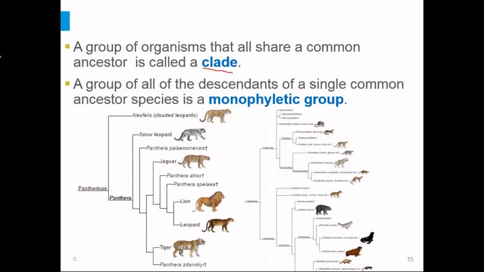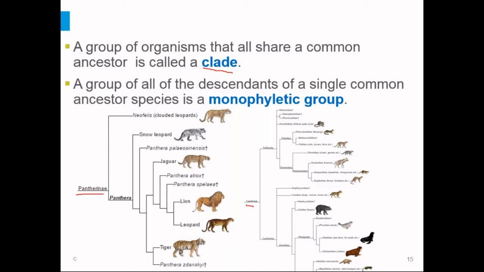For example, on the left is the clade of all big cats. So there was some species of large cat, and they all evolved from that. On the right is the clade of all carnivores. So you can see, I know it's small, but it's much more diverse.